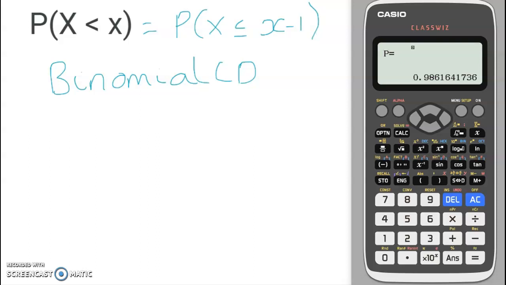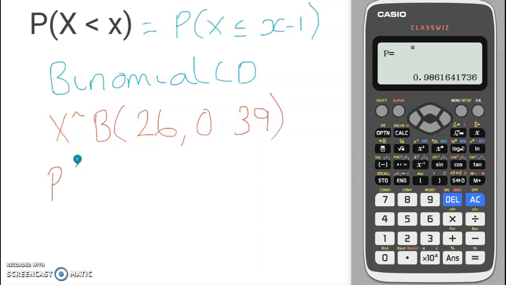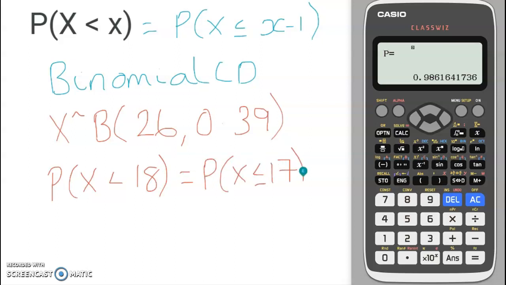So thinking about our example, if x is binomially distributed with an n of 26 and a p of 0.39, and I am asked for the probability x is less than 18, that is the same as x is less than or equal to 17.